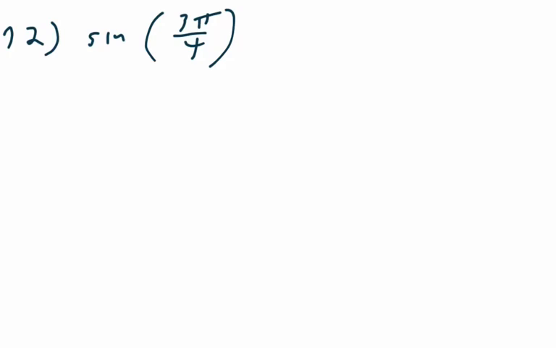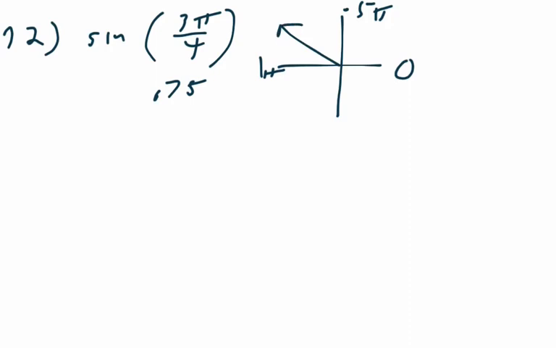Alright, for problem number 12, we have the sine of 3 pi over 4, which is 0.75 pi, meaning that it's in the second quadrant, which means my answer is going to be positive.